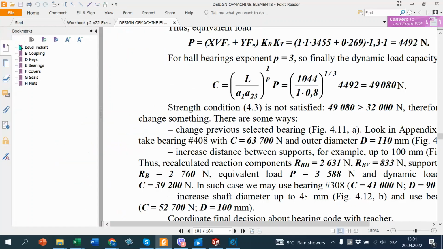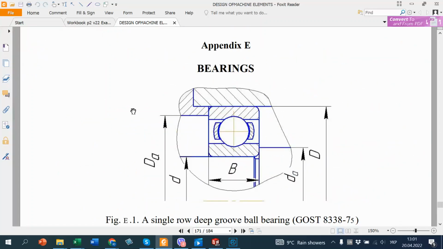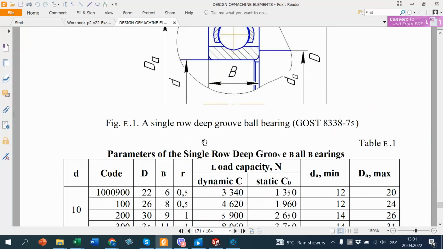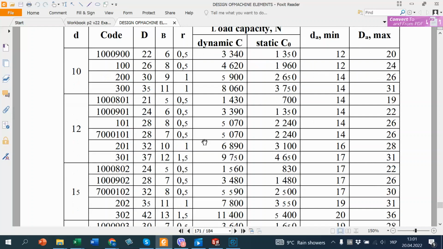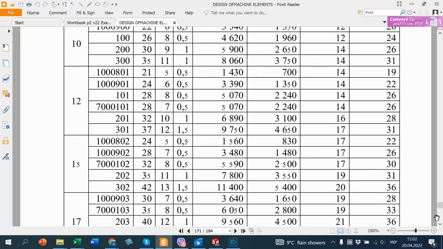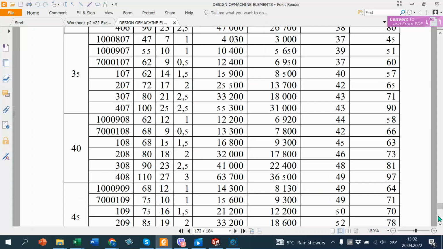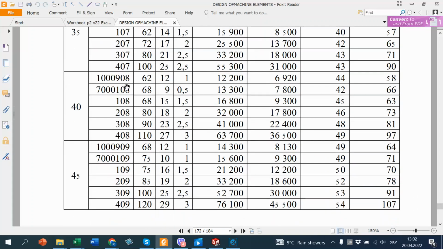Let's consider bearings. It is a standard, catalog values. We used 208 previously. I remind you that the last two digits times 5 give us the diameter. That's why 08 times 5 is 40. All of them have 08.